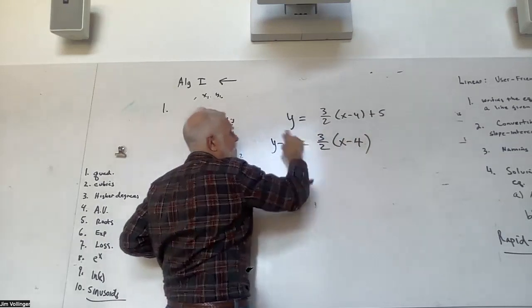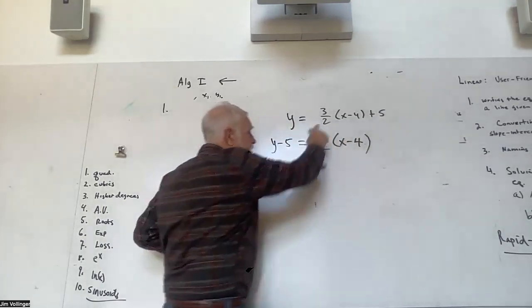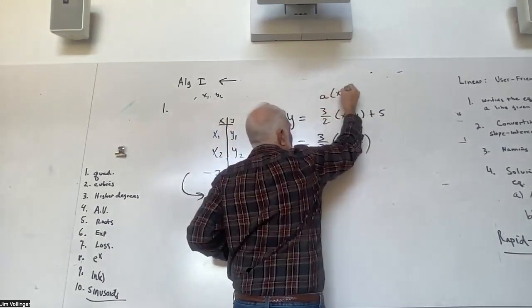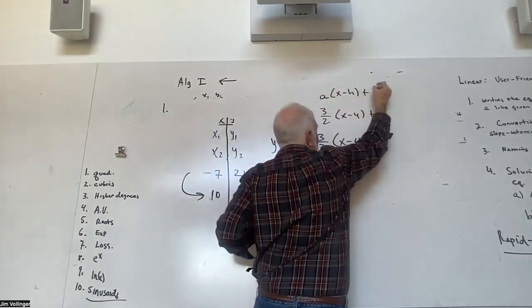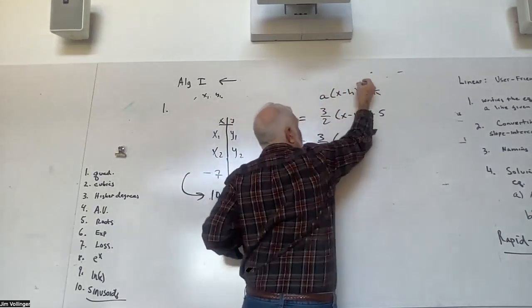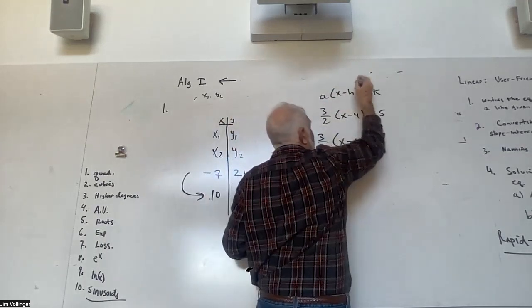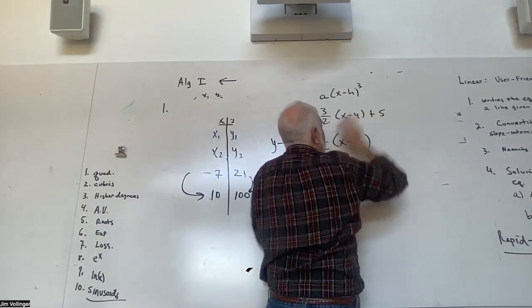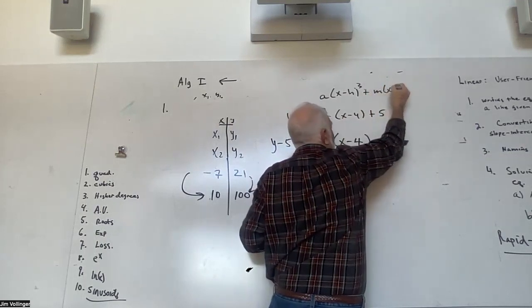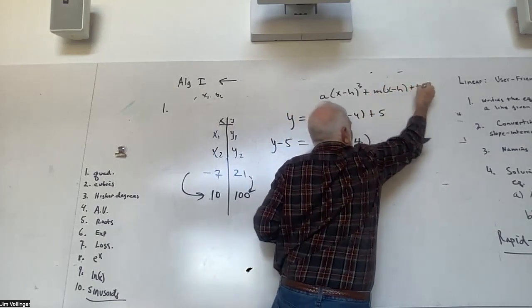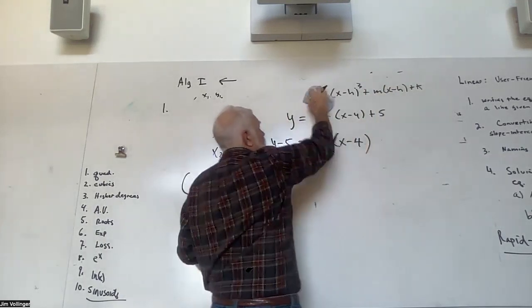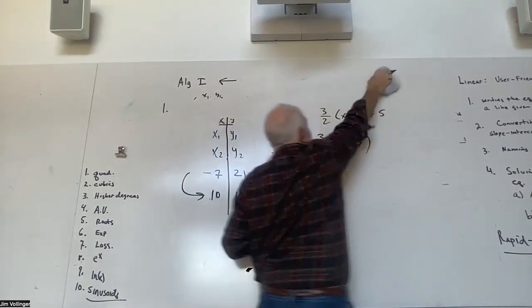I don't think there's much difference between these two, but this is going to get us to the a times x minus h squared plus k format, which you'll see for quadratics, which you'll also see for cubics in this form, plus m x minus h plus k. All right, so we are going to put it in that form because we're going to use it in other contexts.